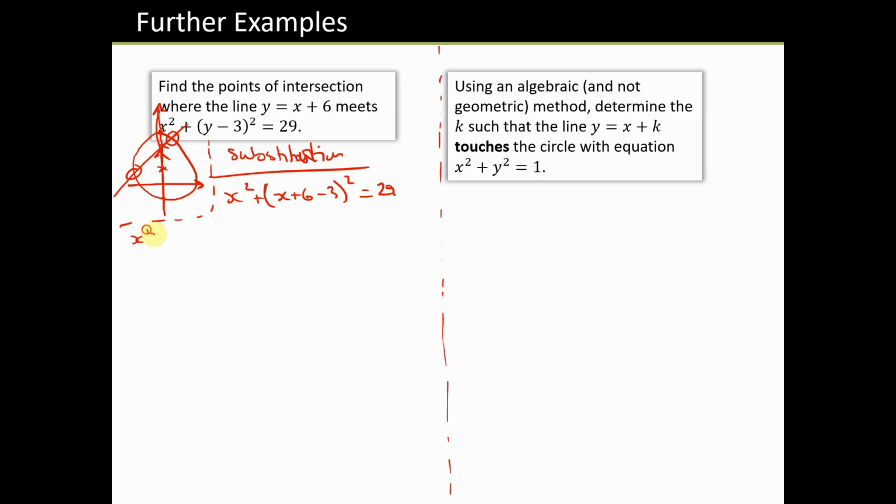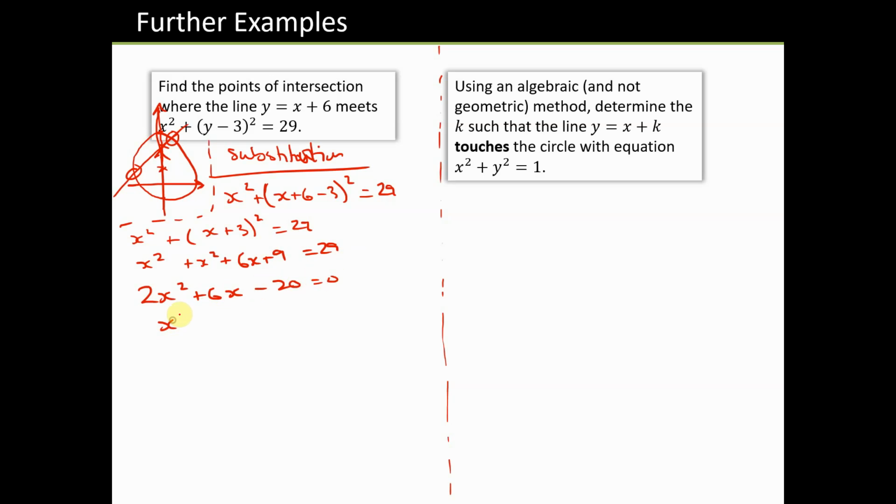So x squared plus (x plus 3) squared equals 29. So x squared plus 6x plus 9 equals 29, and I'm going to rearrange this to equal 0. So 2x squared plus 6x, and if I take away 29 from this side, that's going to get me minus 20.